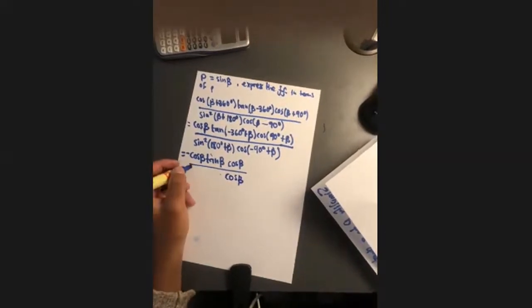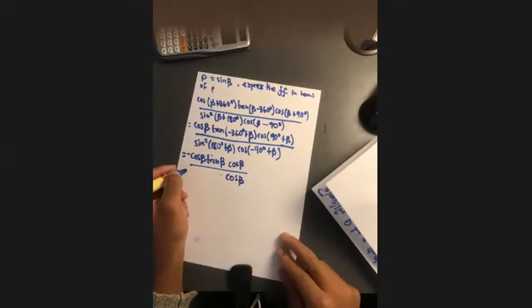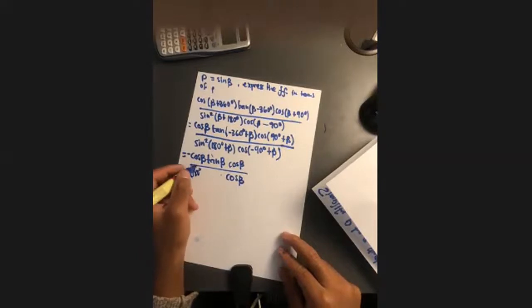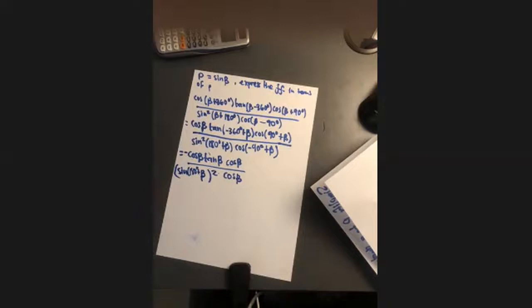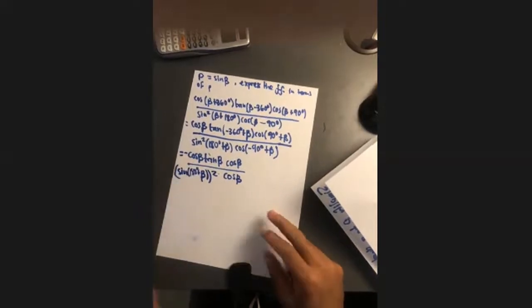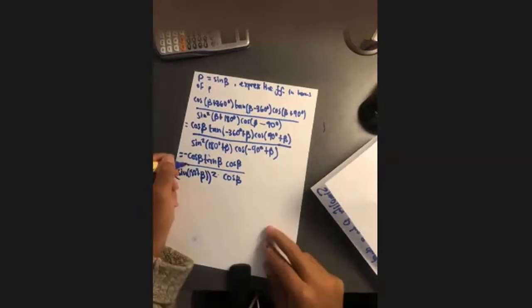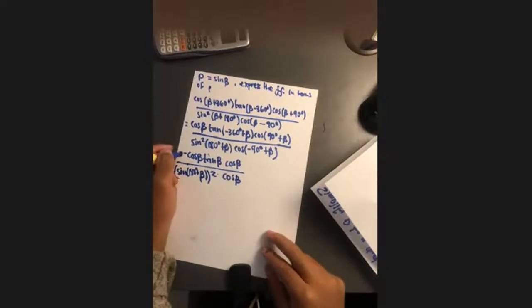And then when it comes to this one over here, you know that this can be written as the sine of 180 plus beta all squared. So it's the sine of 180 plus beta all squared.